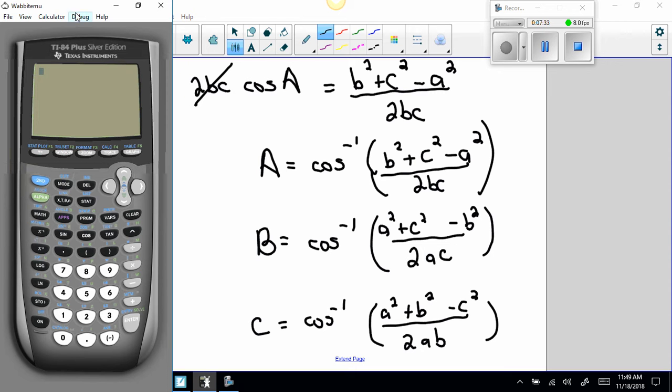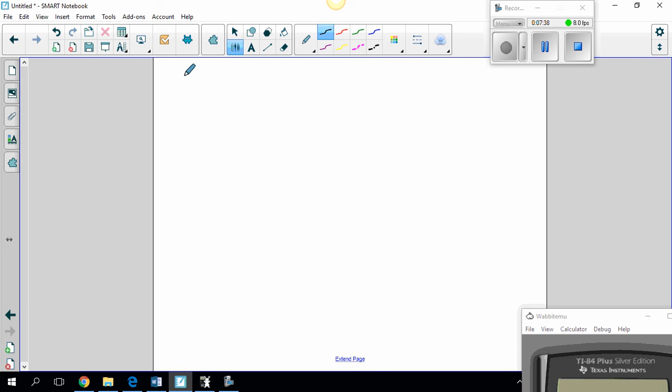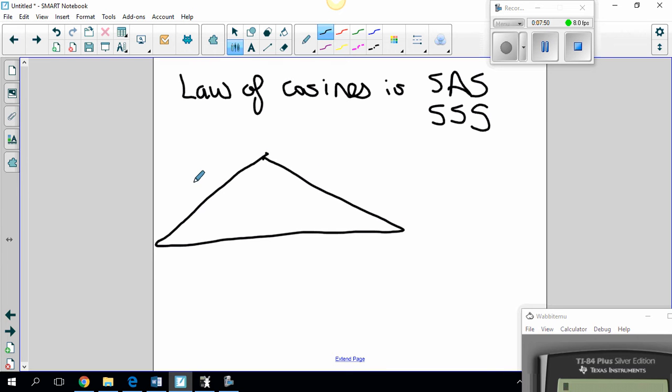So let's do some law of cosines. Now, law of cosines is side angle side and side side side. So here we go. If I give you a side to be 11 and an angle to be 98 degrees and give you a 13, I got a side, I got an angle, I got a side. Law of cosines works.